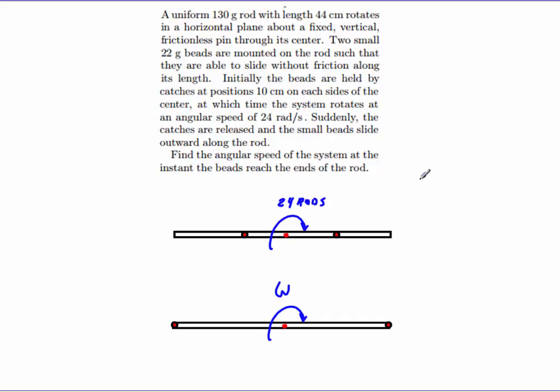So a rod about its center, the moment of inertia of the rod. What's the difference between a thin rod and a solid cylinder? Well, I think what they're trying to say, there's a large relationship between the r and the length in this case.